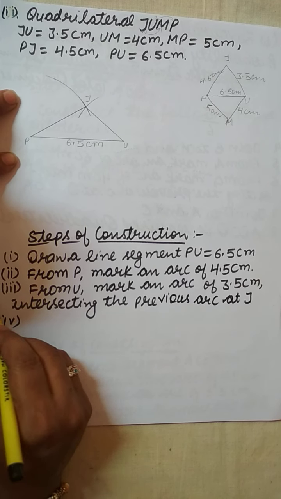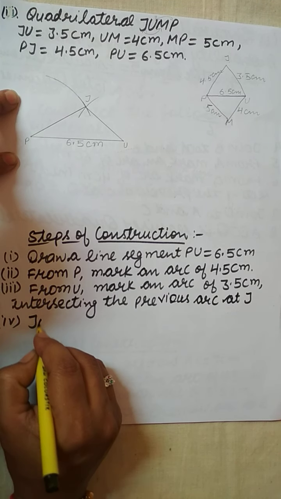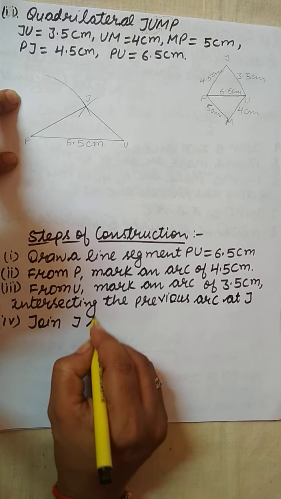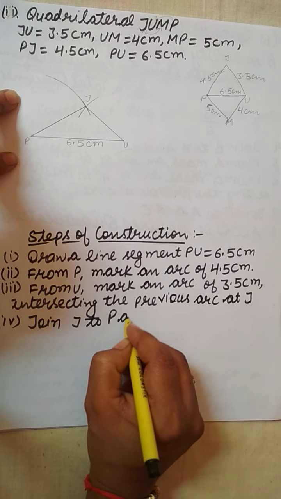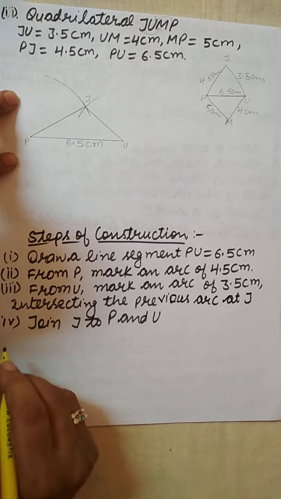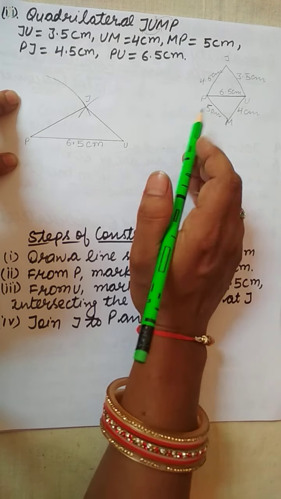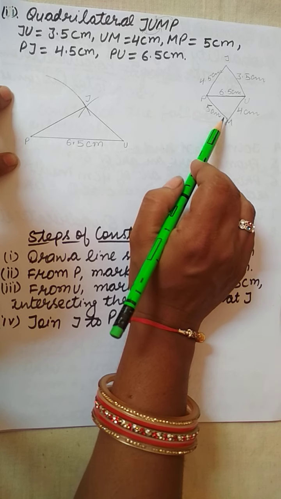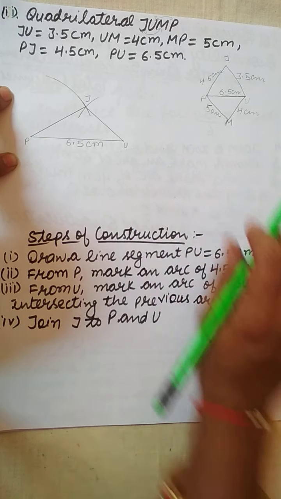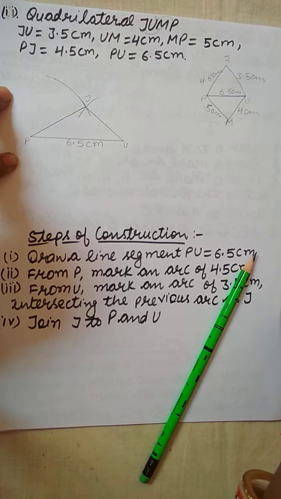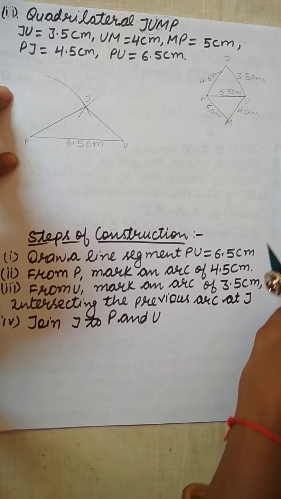Fourth step of construction is join J to P and U. Now for the next step, we will mark the arc from P equal to 5 centimeter and from U equal to 4 centimeter.